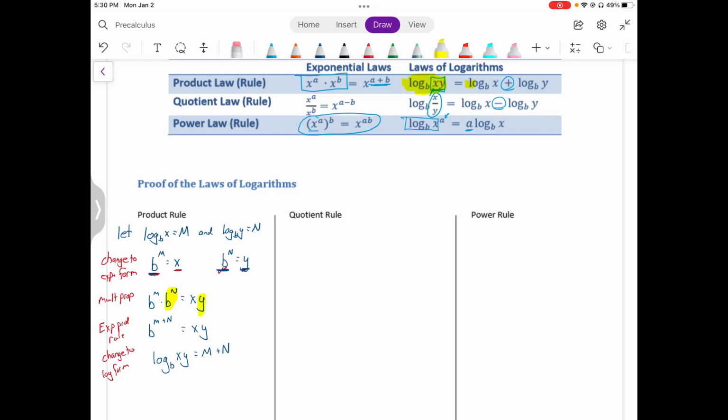Coming back up to our first row, what does m equal? And what does n equal? Well, m is equal to log base b of x, and n is equal to log base b of y.